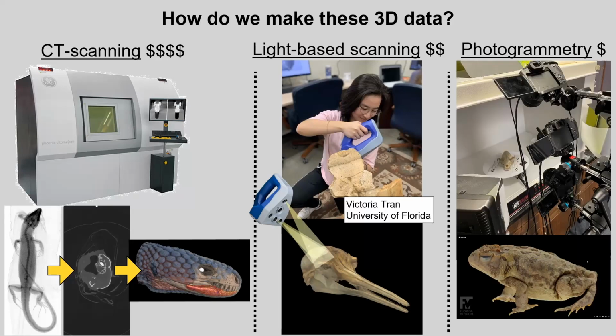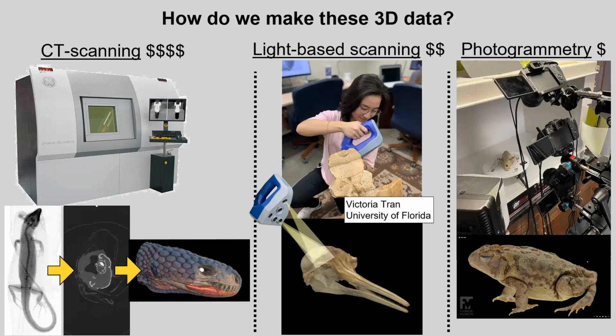And the last, this is a little harder to see, but here's a camera, here's a camera, here's a camera, and here's a skull. We can use several nicer, normal cameras to take images all at the same time of an object, and we can use those to create models called photogrammetry models. You could technically do this with just one camera.